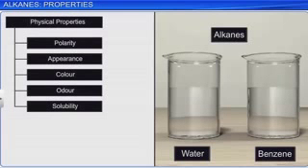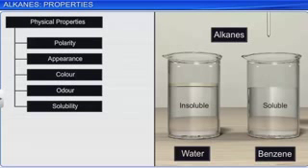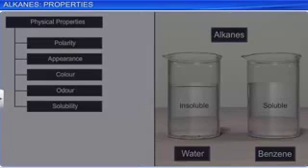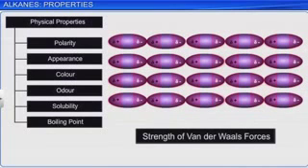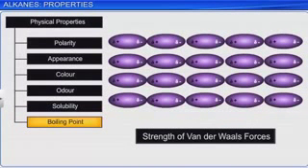Due to their non-polar nature, these compounds are insoluble in polar solvents like water and soluble in non-polar solvents like benzene. Their boiling point is decided by the strength of the van der Waals force. This force is very sensitive to distance. Hence, for a strong force of attraction, the molecules need to be held close together.